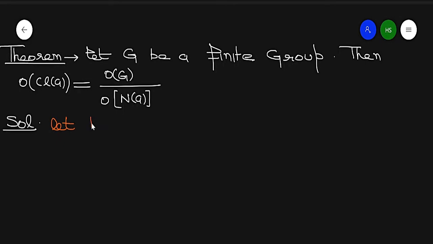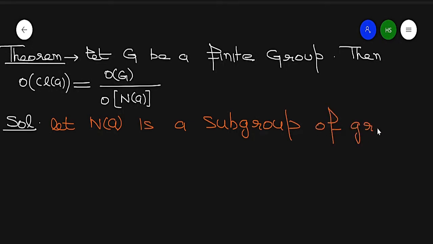Let N(A) be the normalizer of A. This normalizer of A is a subgroup of group G, right? Just see the relation: it is the index of N(A) in G. So first, what is the right hand side? The right hand side is the index of N(A) in G.